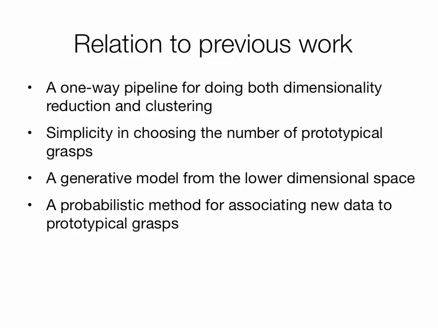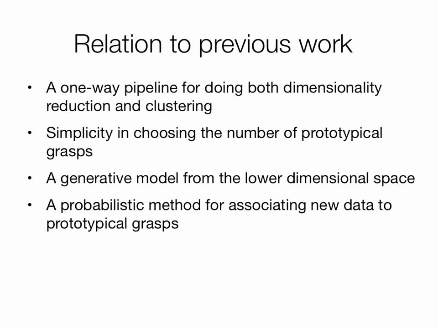And to summarize briefly what we have done in relation to previous work, we have a one-way pipeline for doing both dimensionality reduction and clustering. So despite all the math behind the method, we can just plug in the data and run. Very simple.